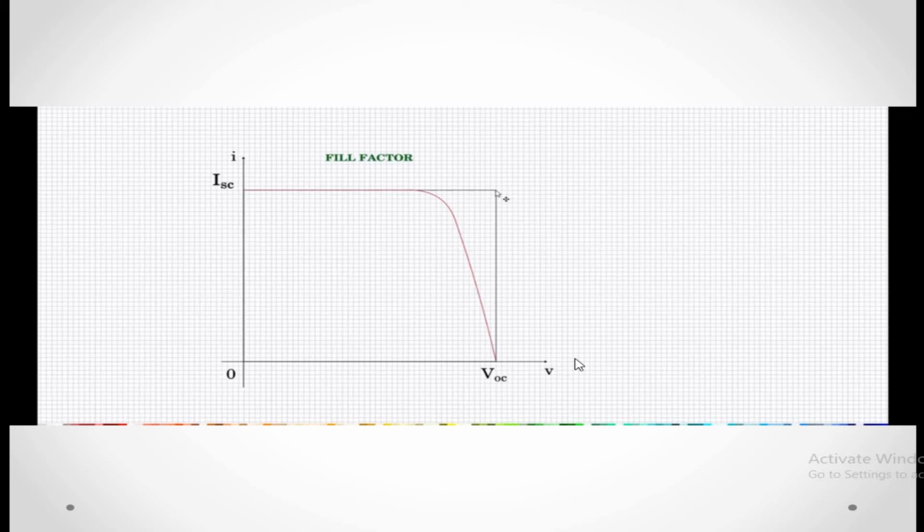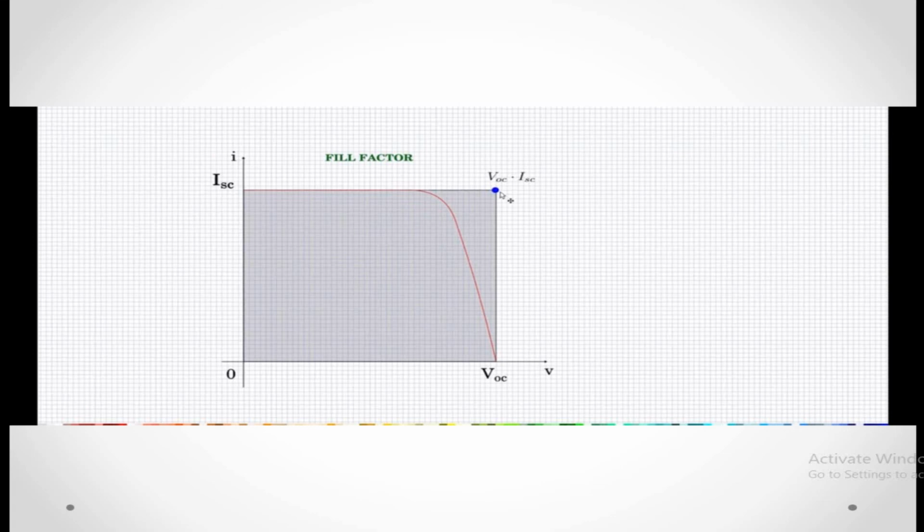The blue color point indicates the VOC, ISC point, both theoretical values, but the practical value of the maximum power point is somewhere on the red color line.